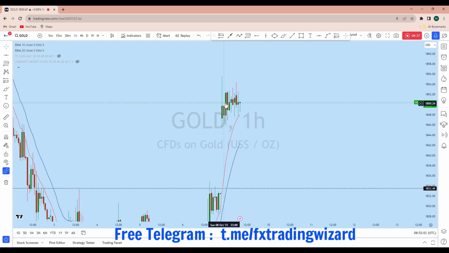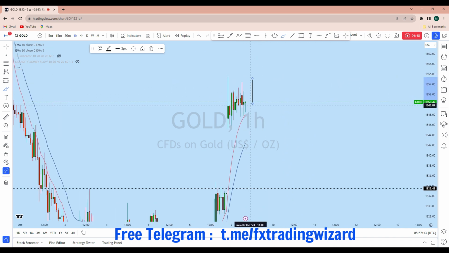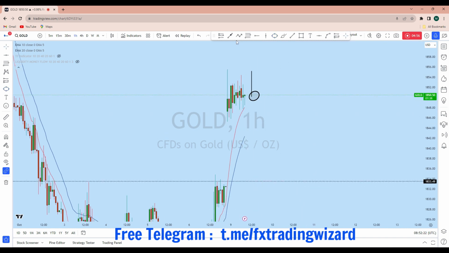Still, it's not ready for any kind of selling or buying. I will be waiting for an initial movement to the upside, a strong false breakout to the upside, and then coming back down. If gold gives us suitable price action confirmation for this potential move to the downside, we will consider going short to this level.